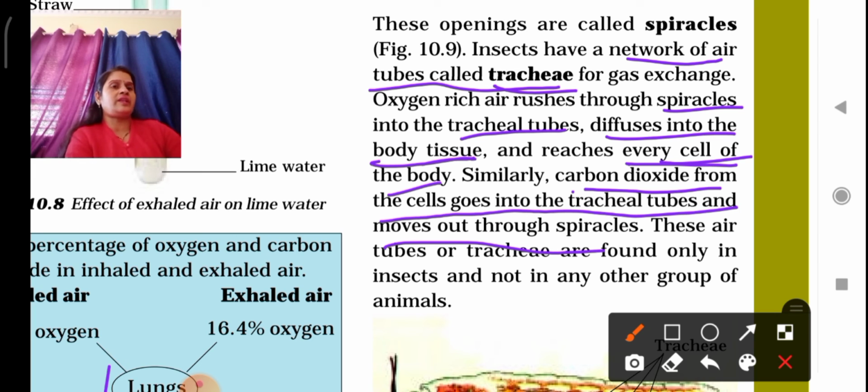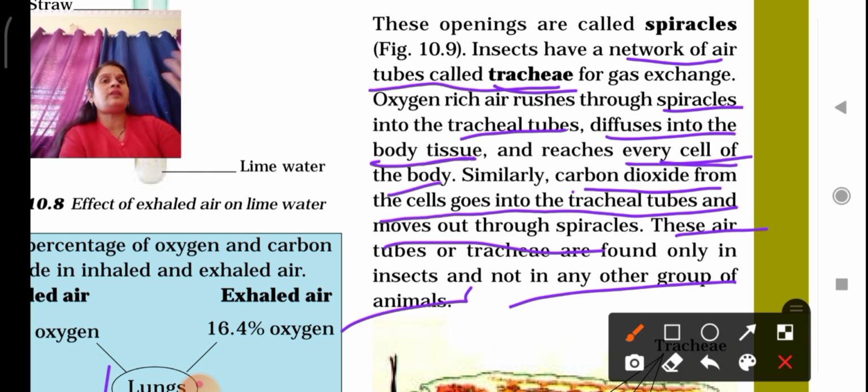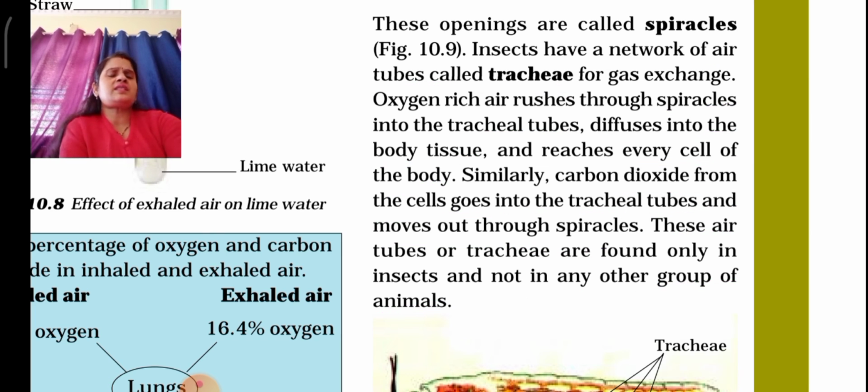These air tubes, tracheae, are found only in insects, not in any other group of animals like birds, carnivores, herbivores. Only in insects, because the spiracles are sufficient to fulfill the demand of oxygen, as the energy requirement of insects is lower than other groups of animals.